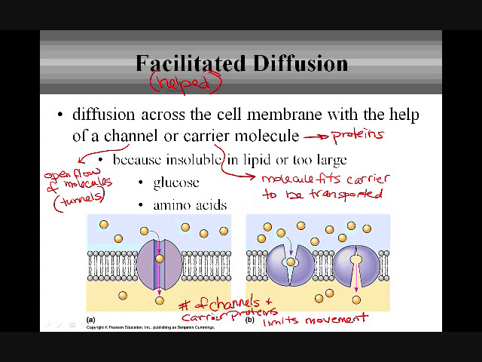But if there's an actual molecule that needs to be helping in this situation, well, it's going to depend on how many of them there are to determine the rate of transport or the rate of flow. Really specifically are those carrier proteins. Channels have a bit more open flow to them, like I said, so more molecules are going to be able to move at a time, while the carrier proteins have a limited number of molecules that they can move at once.